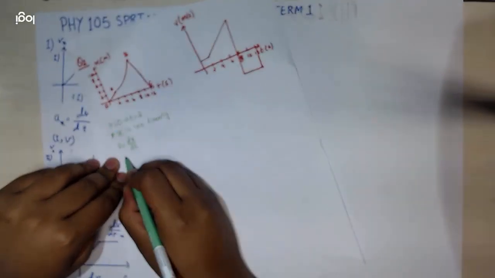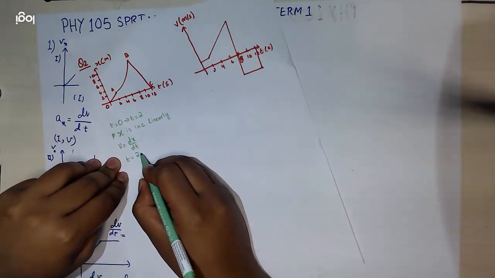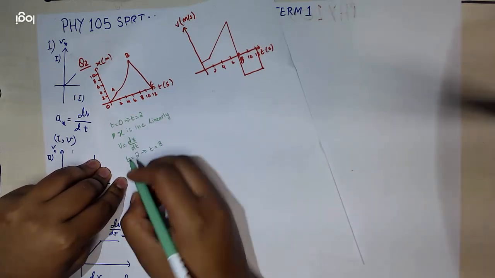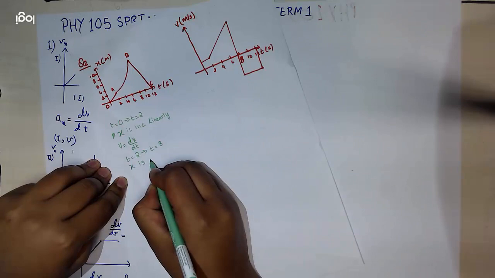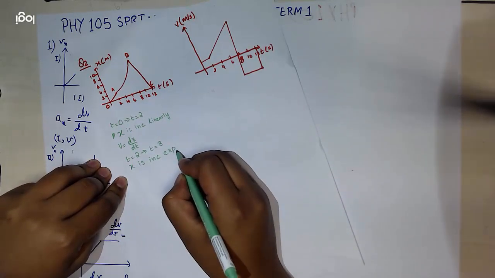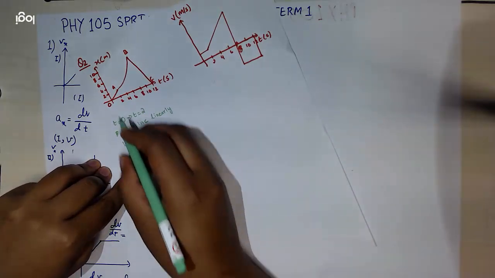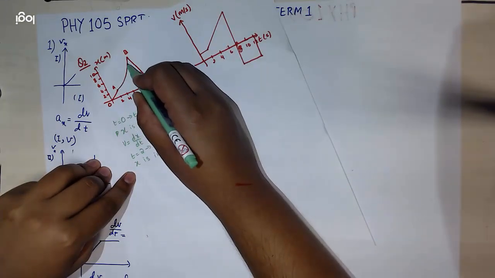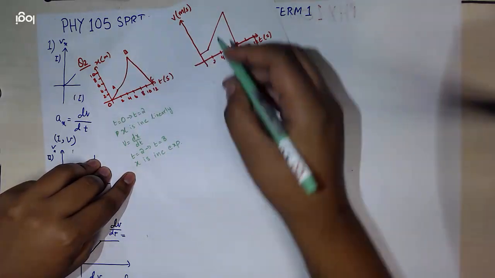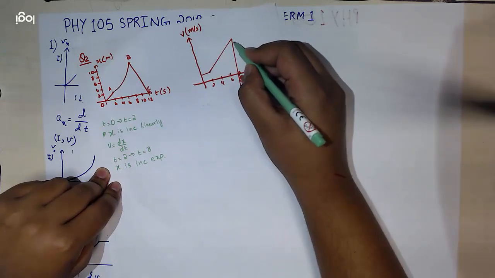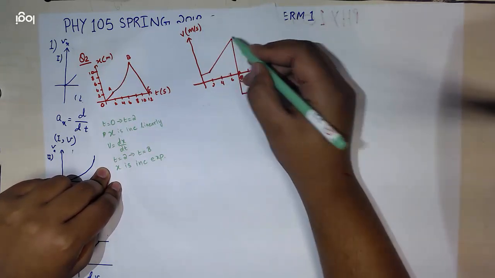From t2 to t8, position is increasing exponentially, with an increase in the gradient. So here we will have a straight line from t2 to t equals 8 seconds.